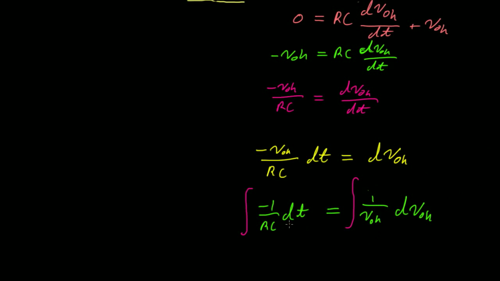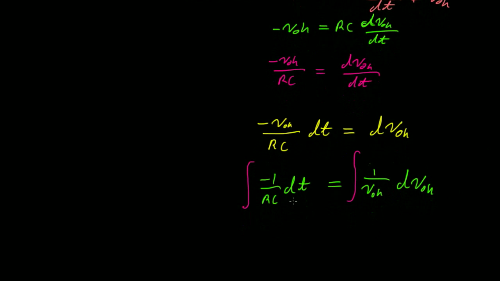For the left-hand side, let's do that first. We've got minus 1 over RC, and we're integrating with respect to time. There's no t over here at all, so this whole minus 1 over RC is just a constant. The constant can move out in front of the integral.